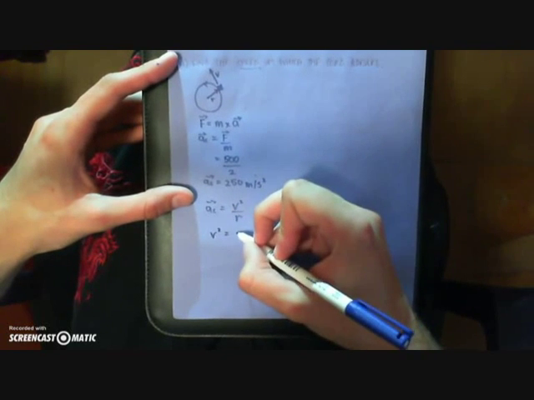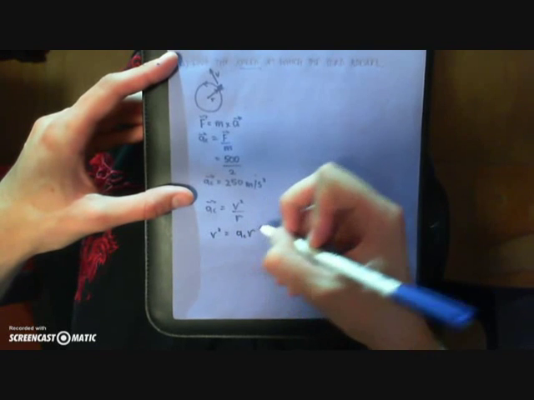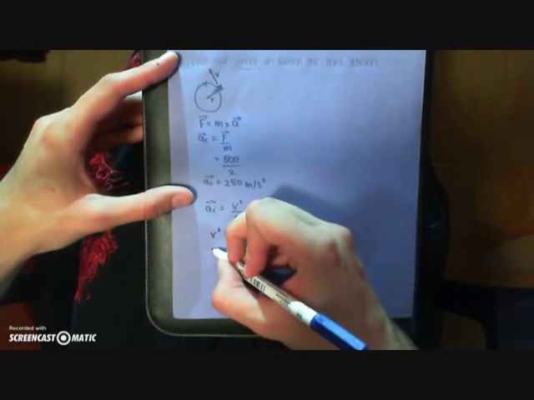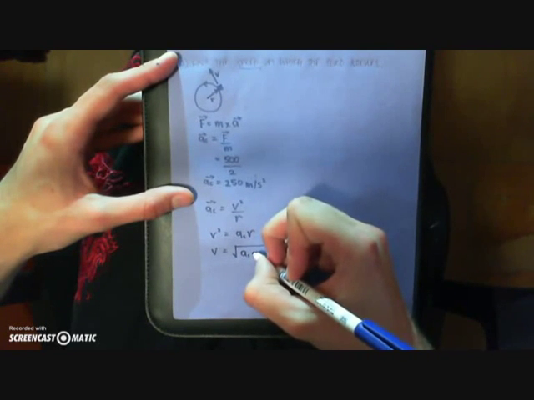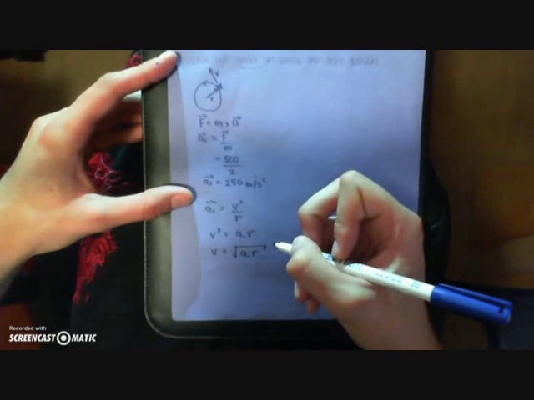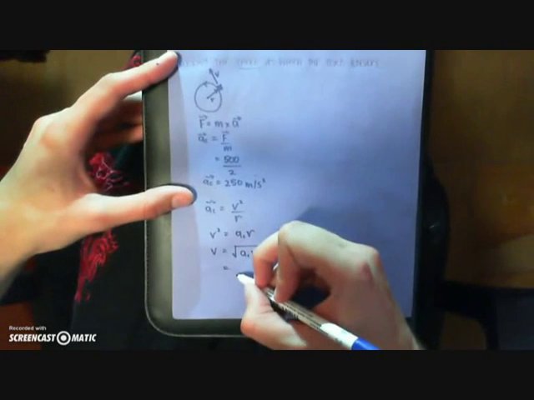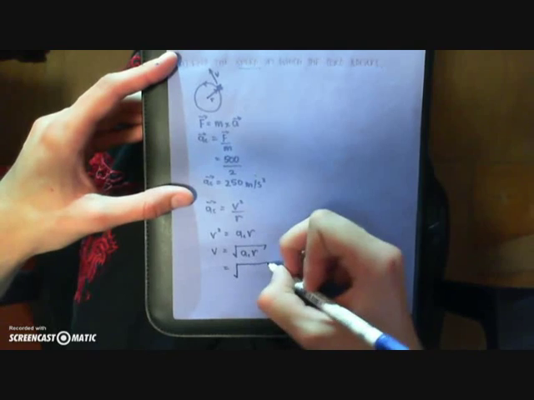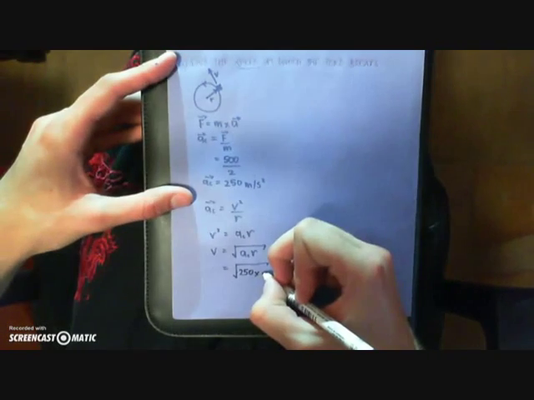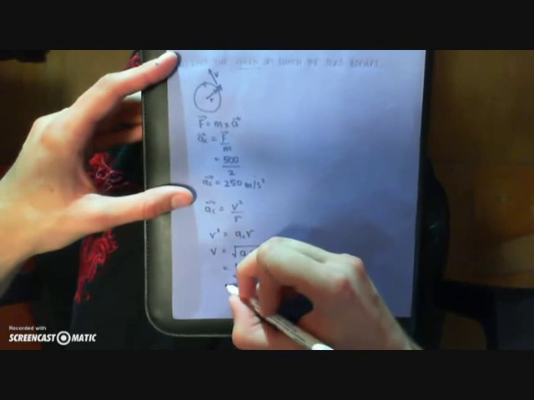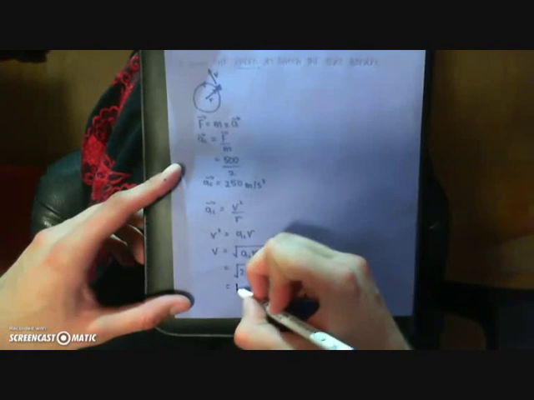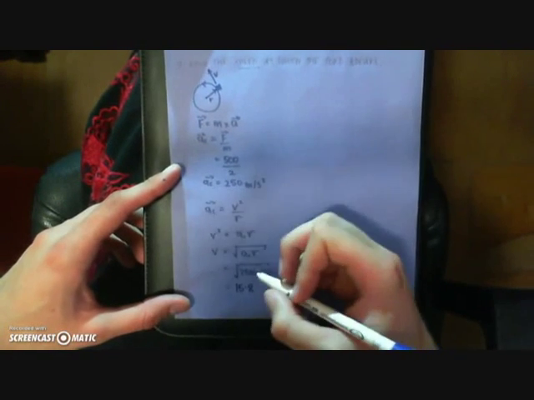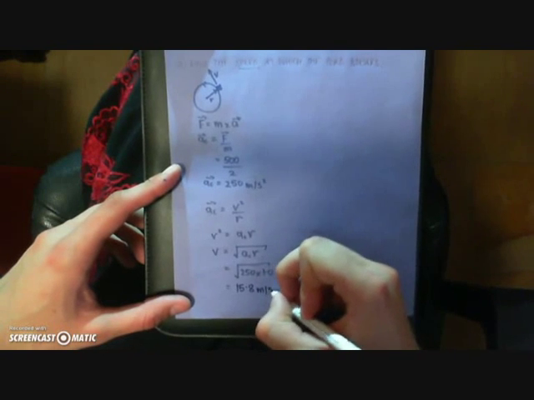So v squared equals a times the radius, and v is equal to the square root of the acceleration that we worked out before times the radius. So we can substitute these values, and we get the square root of 250 times radius, which is 1, which gives us an answer of 15.8 meters per second.